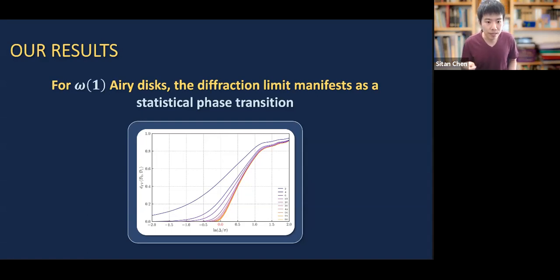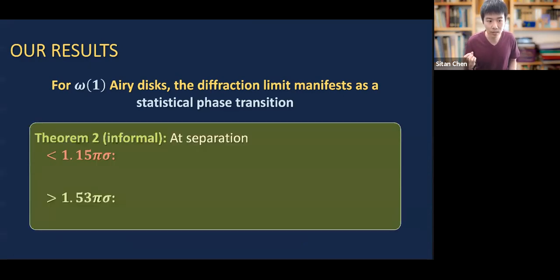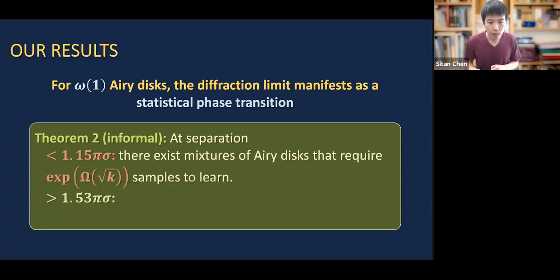Here we give an even more refined picture in the case of area disks, and we show that there is actually just a hard constant, which we pinpoint within constant factors for the separation, such that below this level of separation, if the mixture of area disks is too tightly packed, then it's going to be hard to learn in the sense that you'll need an exponential number of samples.